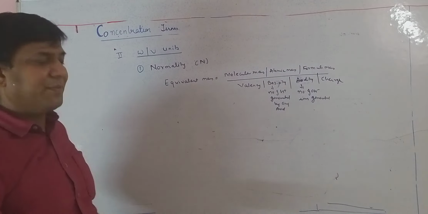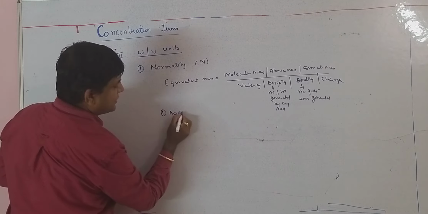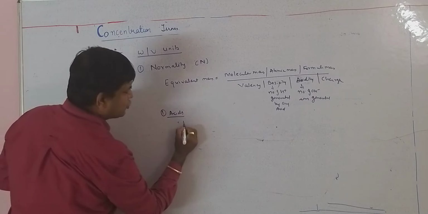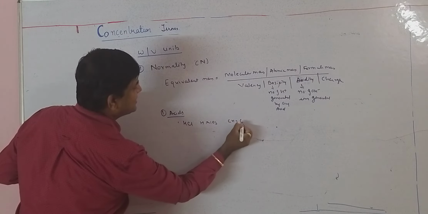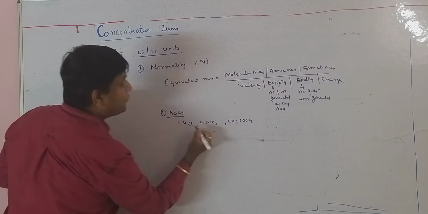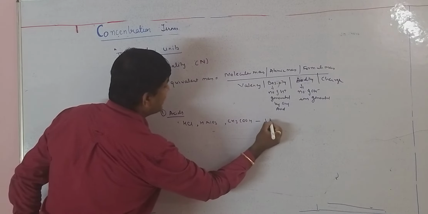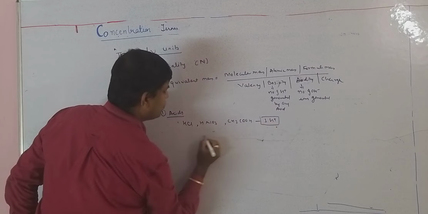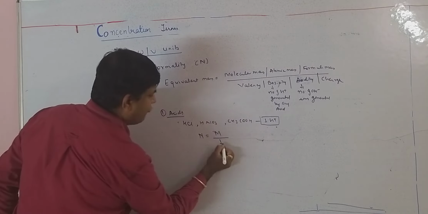See, if we see some examples, first, acids. In the case of acids, the most common are HCl, HNO3, acetic acid. These are a few acids which give only one H plus ion. So normality is equal to molarity upon 1.